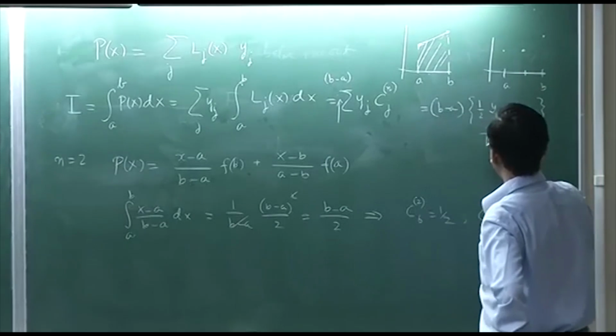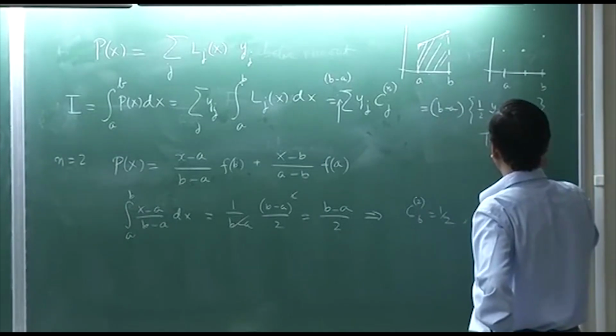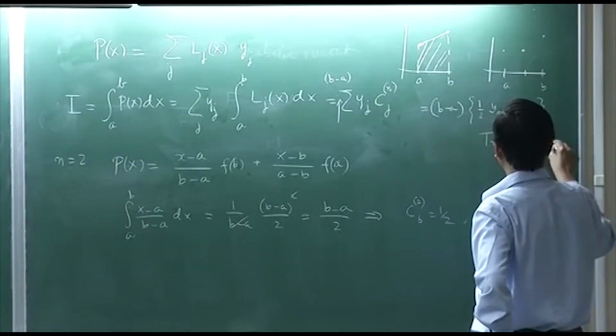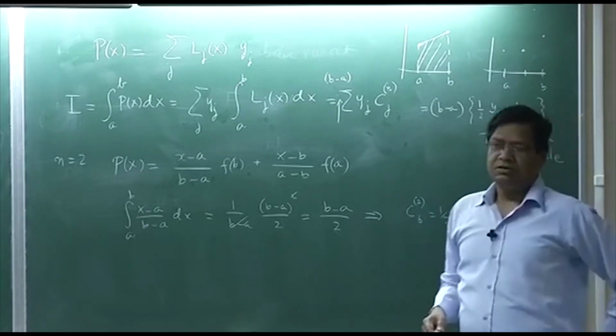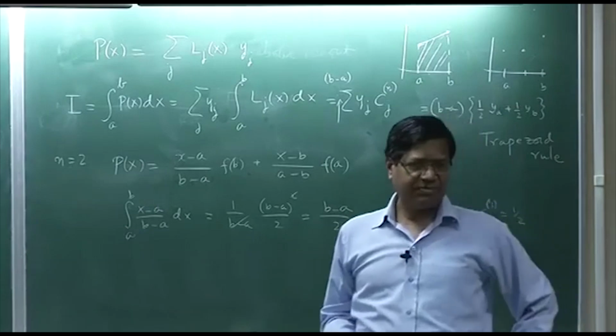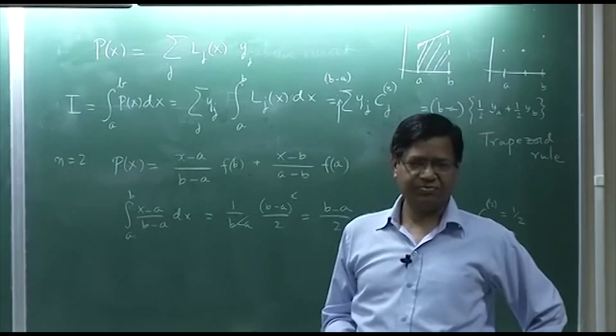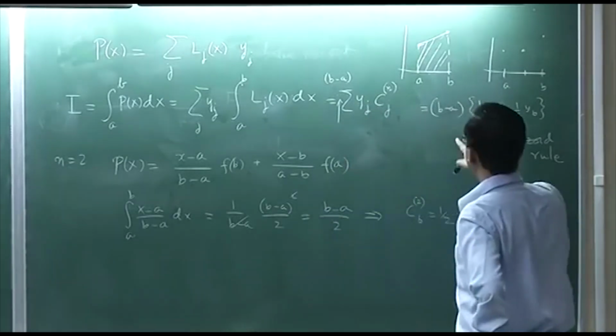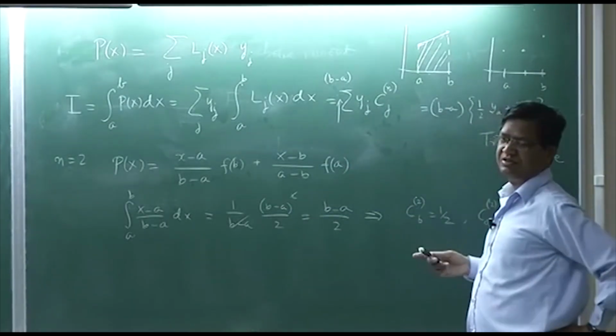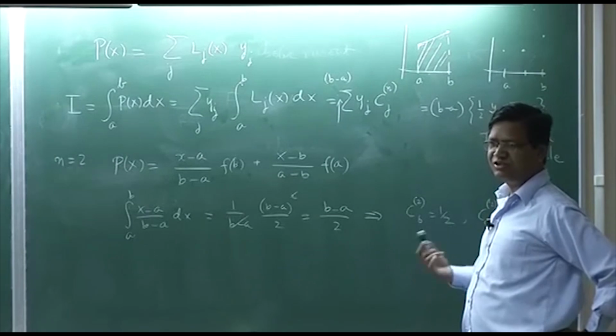So this is called the trapezoid rule. We can also do it for n equal to 3. There is the Simpson rule. So n equal to 3 has 3 coefficients, and n equal to 4 has 4 coefficients, and so on.